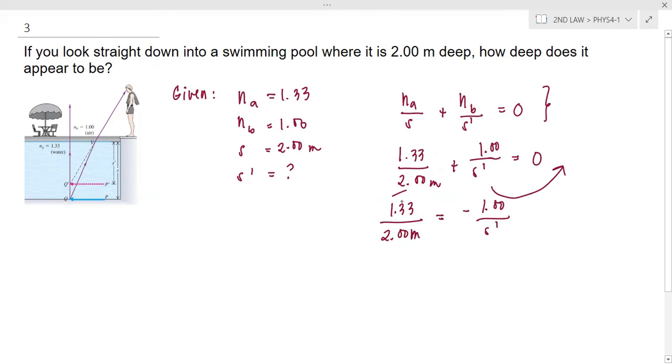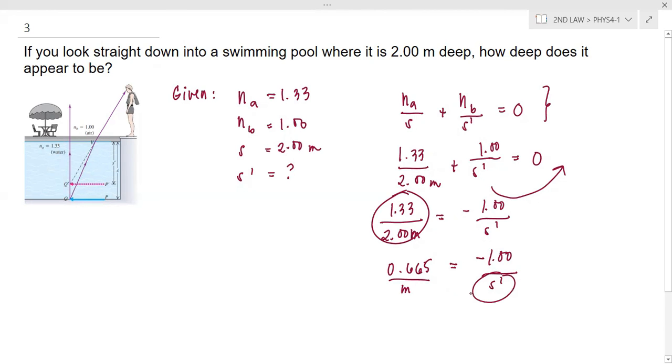Calculating this in your calculator, you will get 0.665 over m. I will retain m here as a unit, because our index of refraction is unitless, but our distance has a unit.